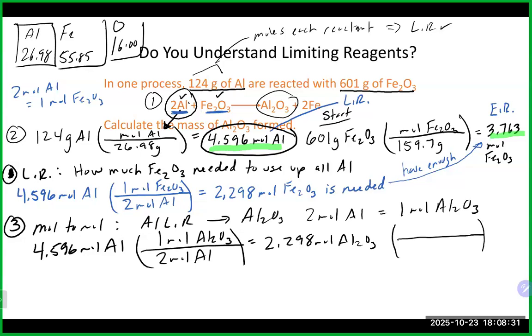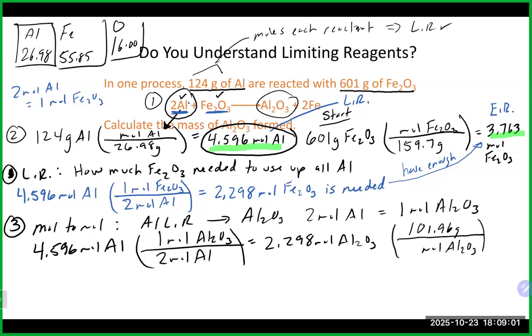So that is 2 times 26.98 plus 3 times 16. Looks like 100 and, I don't know, we'll call it 102 maybe, if I did that right. 101.96, I'll go with it. Grams per mole, and again, that comes from our periodic table. And we'll multiply that times our 2.298.